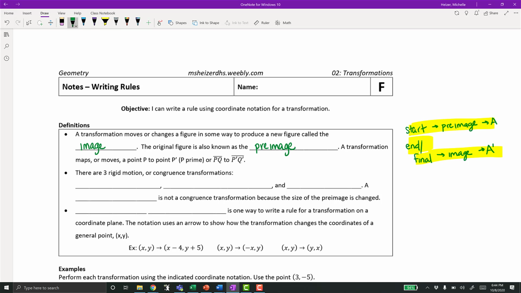And we're going to be looking at three types of rigid motion or congruence transformations. These are translations, rotations, and reflections. And then there's also a transformation called a dilation.